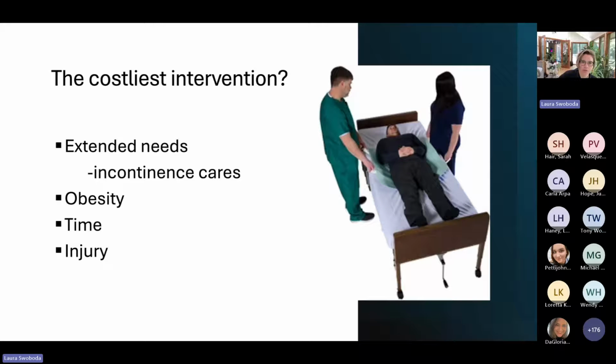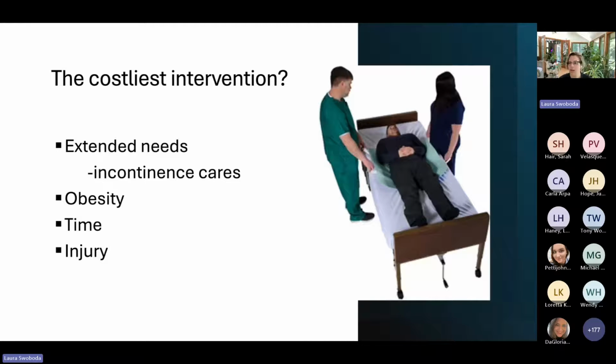So keeping all of that in mind, it's still important to know that the costliest intervention is actually you. It's the healthcare provider, and that's due to just the time associated with repositioning, with the extended needs of these patients, their incontinence cares, etc. With the rise of obesity, we know that there are more staff injuries.